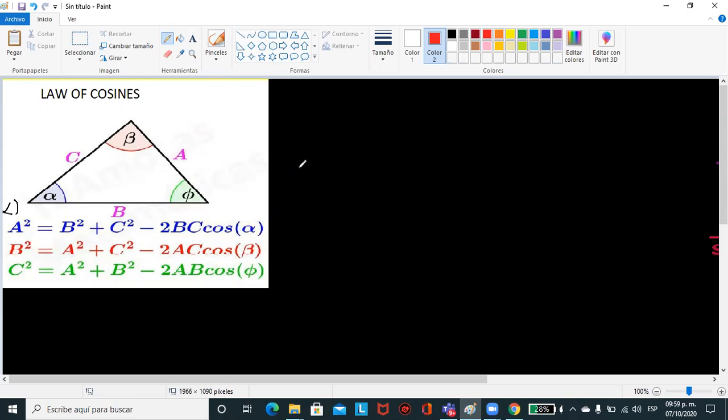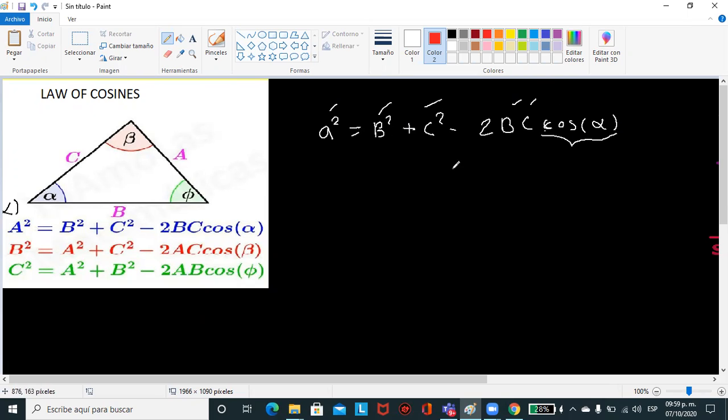So first step, for example, for the equation A, we have a squared is equal to b squared plus c squared minus 2 times bc cosine of a, right? So what we have here is an equation with a, b, and c in a triangle, and we only have the unknown, the cosine of alpha.